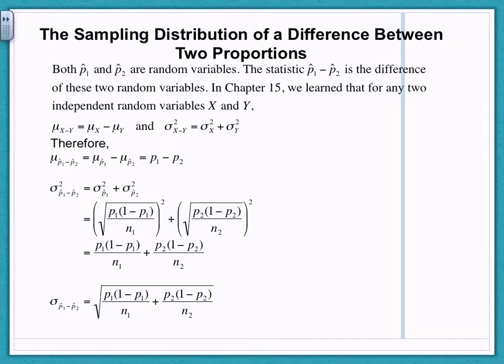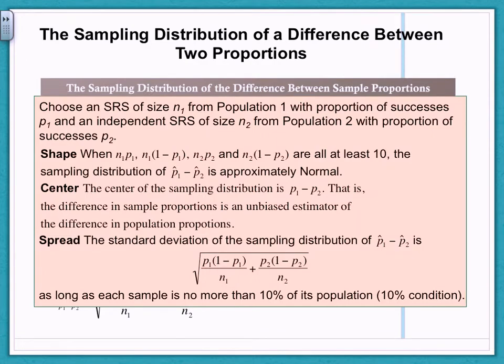It gets down to a pretty simple formula at the bottom. Your standard deviation is found by taking the square root of those variances, the standard deviations we're used to working with up to this point. This is essentially saying the same thing.